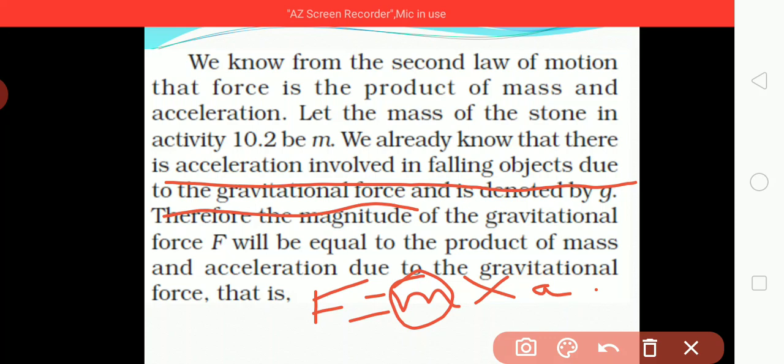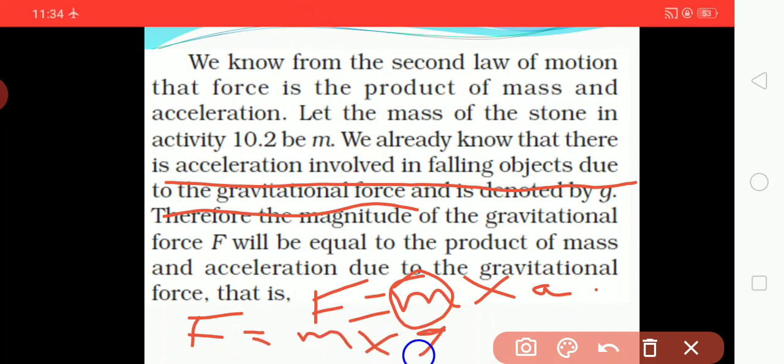In this formula we can see that F is equal to m into g. In place of a we will use g, which is the acceleration due to gravity.